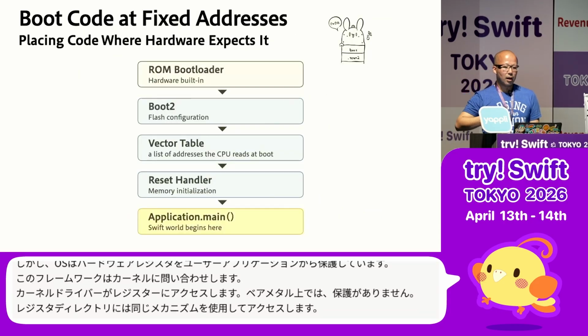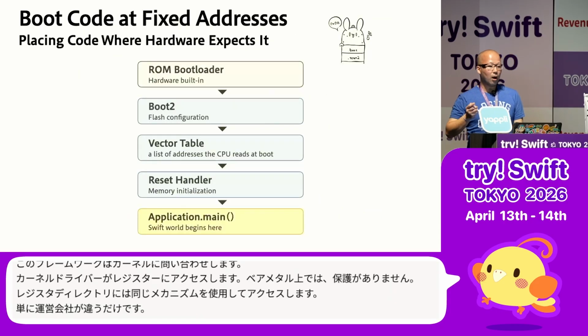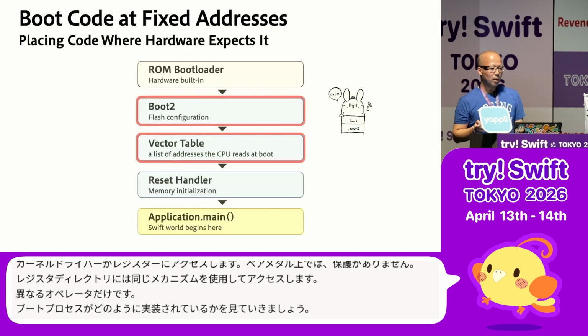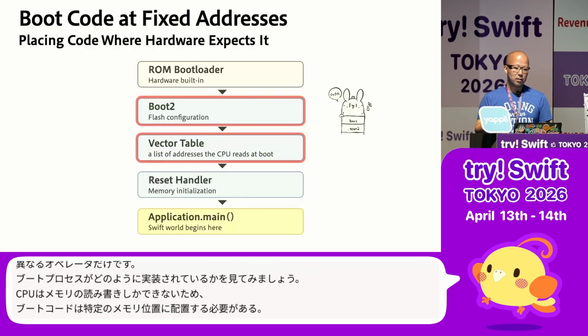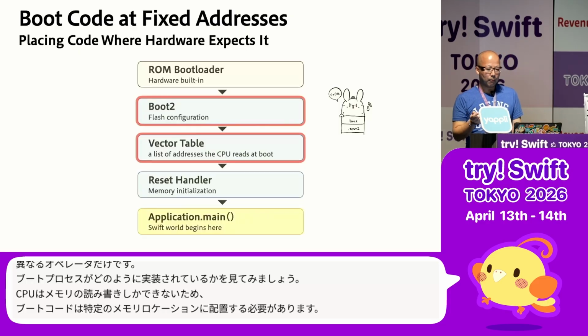Let's look at how the boot process is implemented. Since the CPU can only read and write memory, the boot code needs to be placed at specific memory locations. The first two things the hardware needs are boot2 and the vector table.